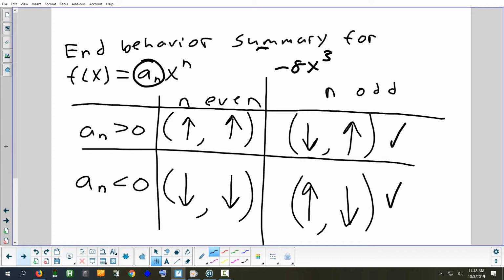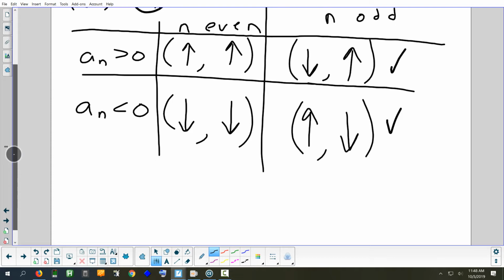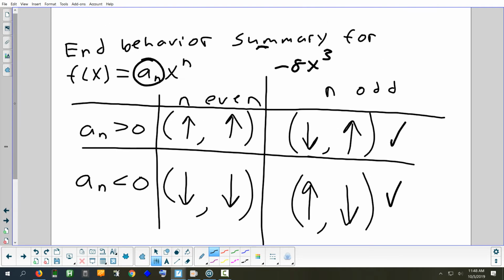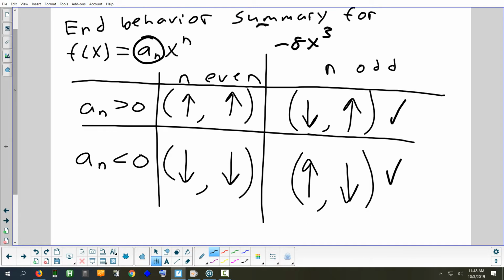So now you can figure out which way the end behavior is going to go just by looking at those two things. Any questions on that chart?